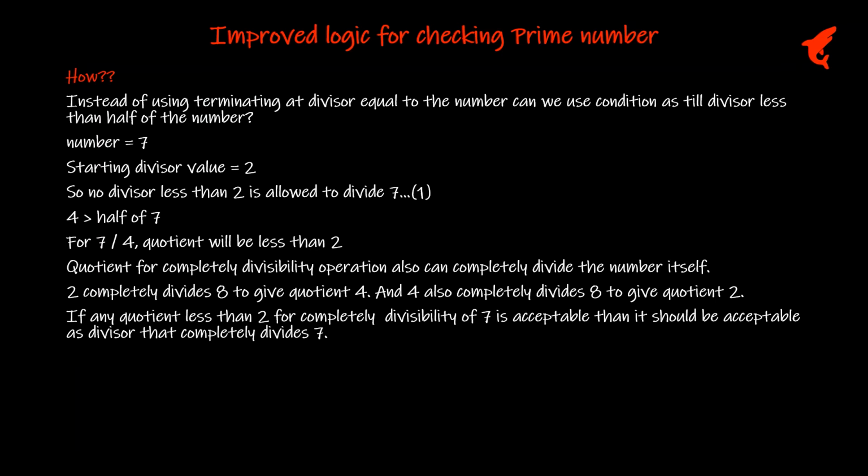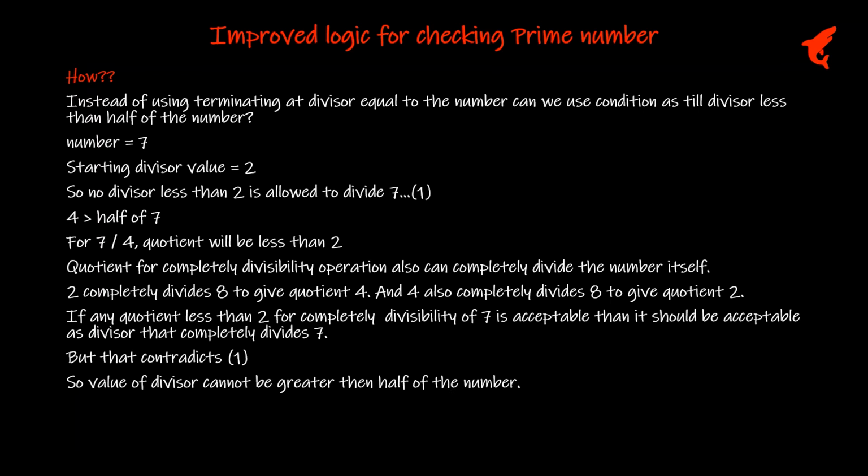If any quotient less than 2 for complete divisibility of 7 is acceptable, then it should be acceptable as a divisor that completely divides 7. But that contradicts our statement 1. So the value of divisor cannot be greater than half of the number. So we can stop dividing at less than half of 7. The advantage is that it reduces the number of cycles.